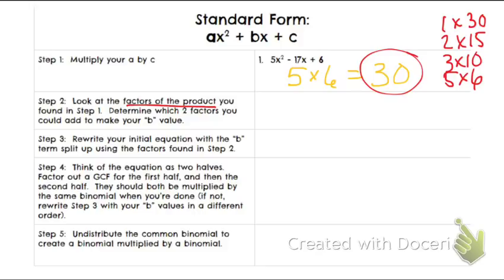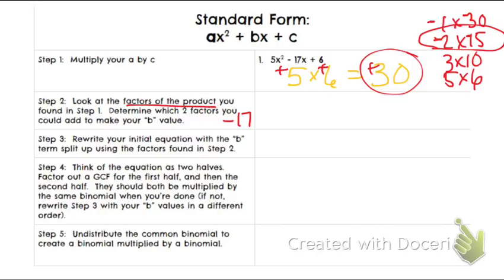So our b value is negative 17. Remember, if our 30 is positive, because this is positive 5 times positive 6, these could also be negative numbers. And looking at that, I know that negative 2 plus negative 15 would give me negative 17, and negative 17 is my b value.